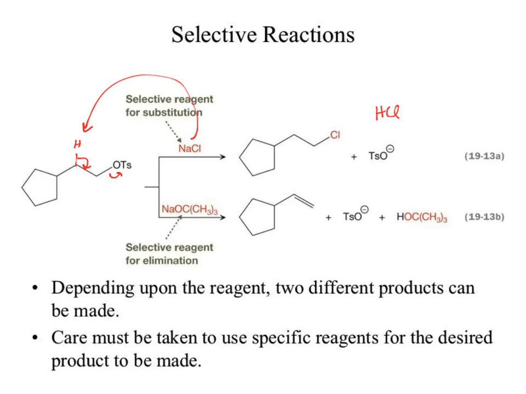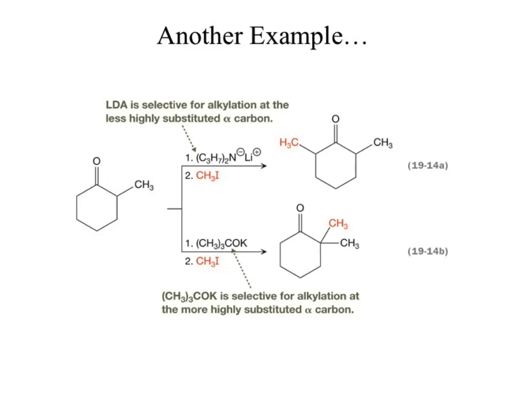Because it is bulky, can it act as a nucleophile? No, it can only act as a base, which then means the only chemistry available to that species is for it to go through and do elimination in this reaction. Kind of makes sense? So we've talked about reagents, and we haven't directly addressed their specificity. But that's partly what has to come in now: we have to be very careful about the reagents we choose when we deal with specific things.